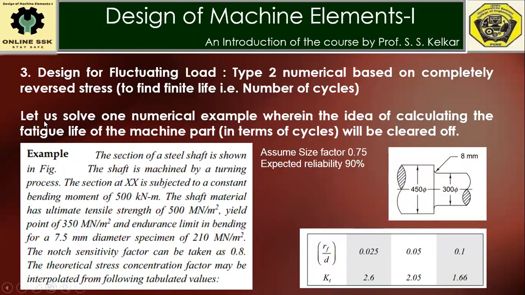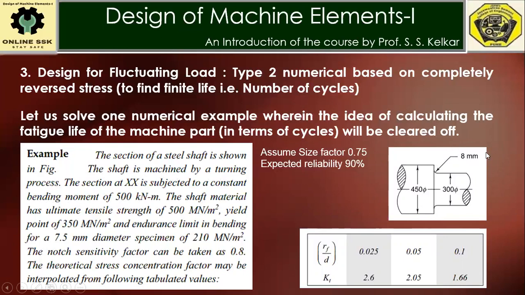So here let us see what they have specified. Again, a cantilever beam, rather a shaft, is specified. The shaft is machined by turning process. The section XX is subjected to a constant bending moment of plus minus 500 kilonewton meter. Directly they have specified the bending moment to which this critical cross section is subjected.